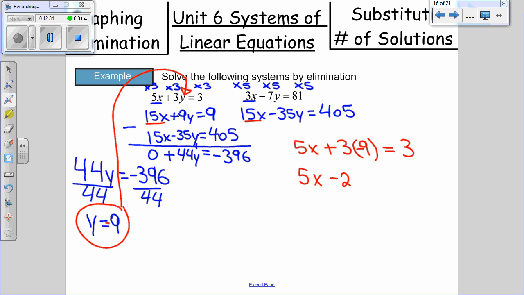You add 27 to both sides. We get 5x equals 30. Divide both sides by 5. You get x equals 6, meaning that our coordinate is 6, comma, negative 9.